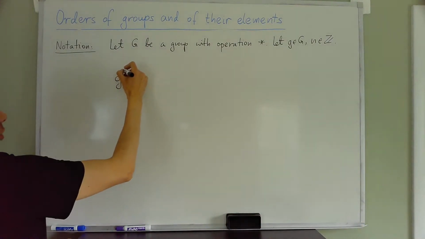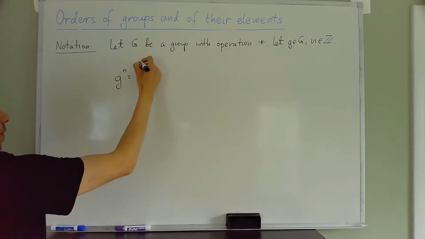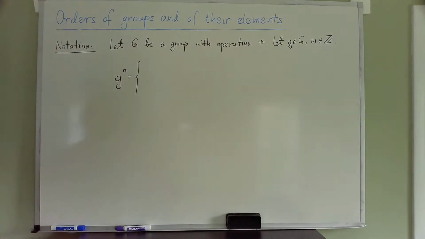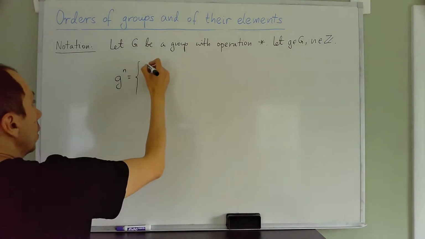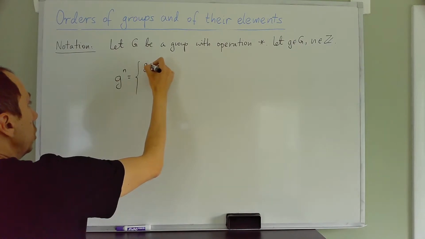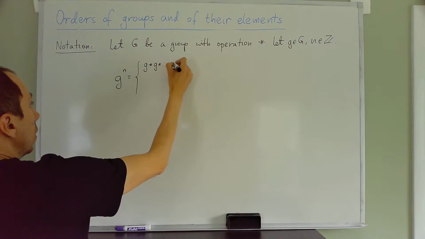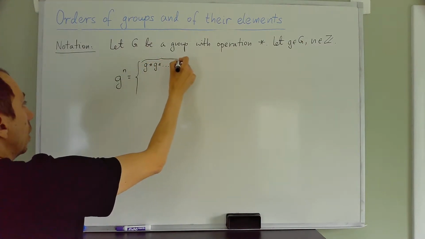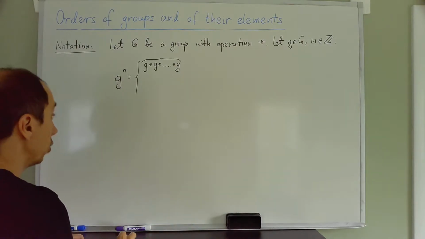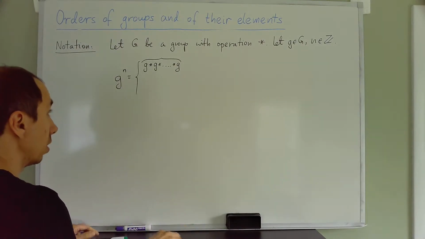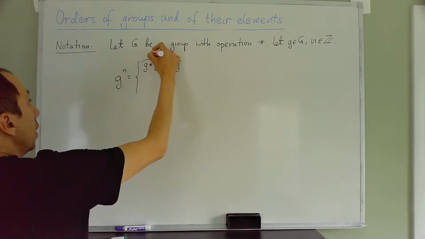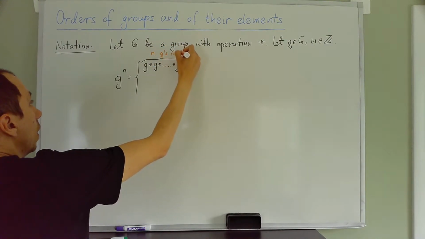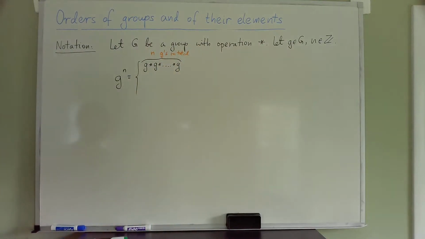So I want to introduce what g to the n means. When I write g to the n, I mean this: g star g star ... star g, and that means there are n g's in this expression in total.